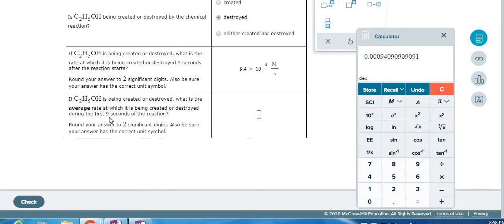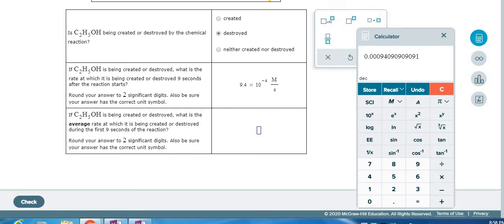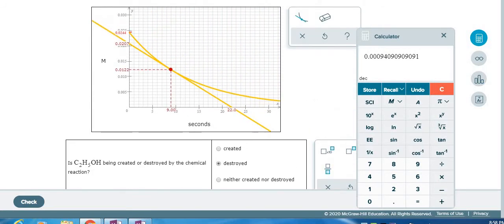Okay, that's asking for the average rate during those 9 seconds, and I don't have something to write with just at the moment, but the average rate is going to be over those 9 seconds, the change from the initial to the final. So it's going to be the final minus the initial divided by the change in time, which is going to be 9 seconds.